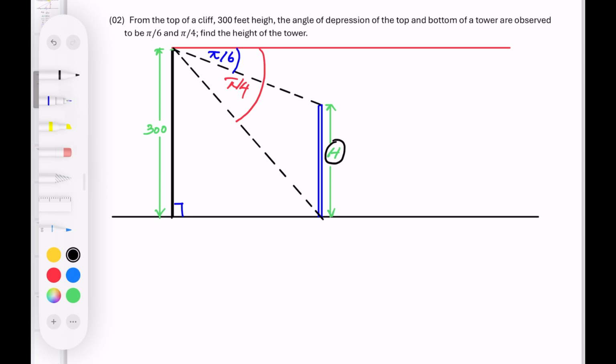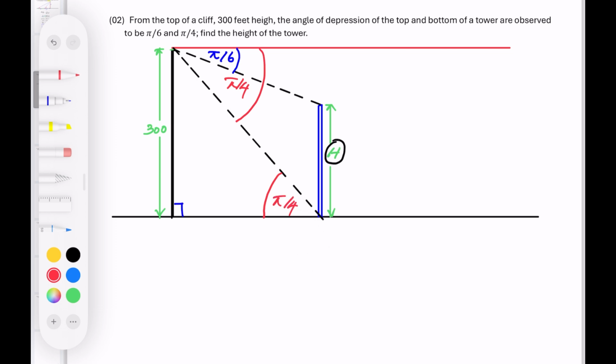Now, can you tell me the value of the angle right here? That angle should be equal to the angle right here. Why? Because this red line right here is the horizontal line, and also this black line in the bottom is a horizontal line. That means those two lines are parallel. Therefore, this angle should be equal to whatever the angle right here. Therefore, this angle should be equal to pi over 4.